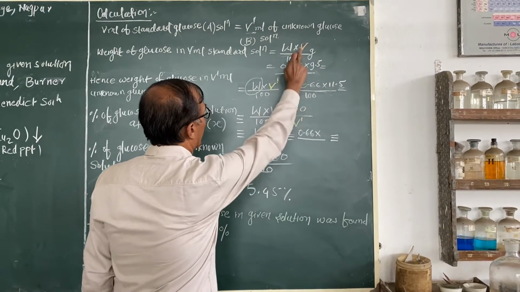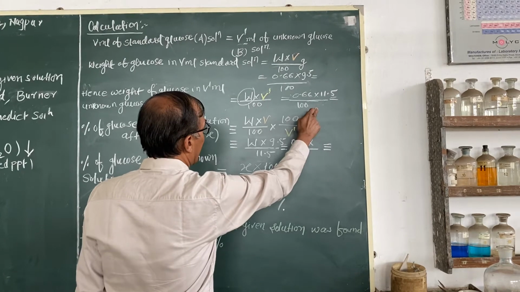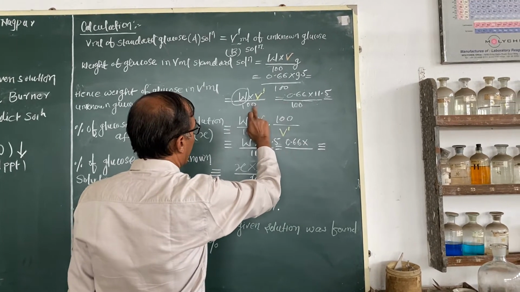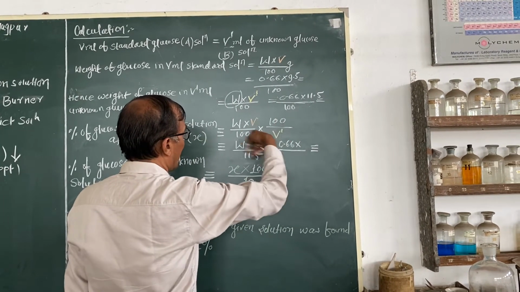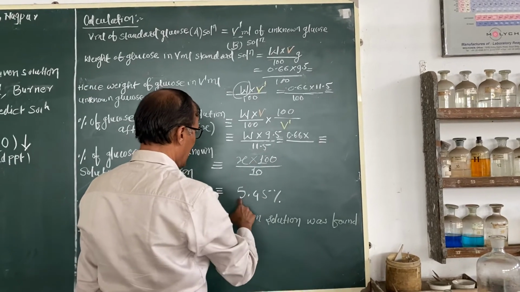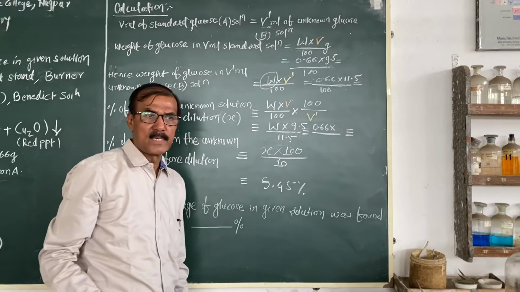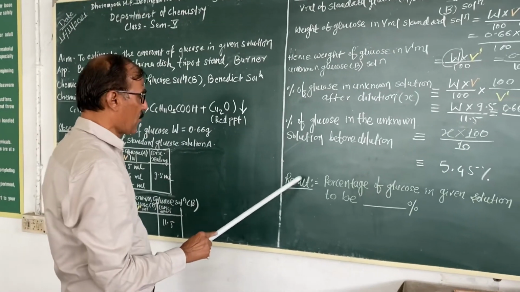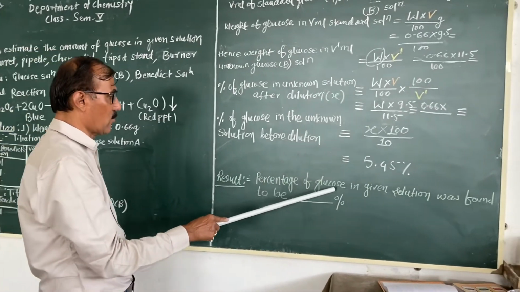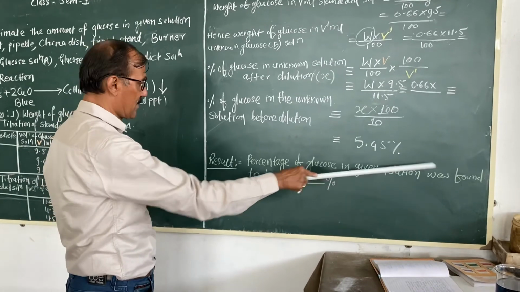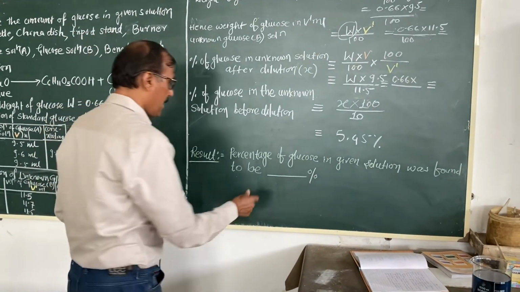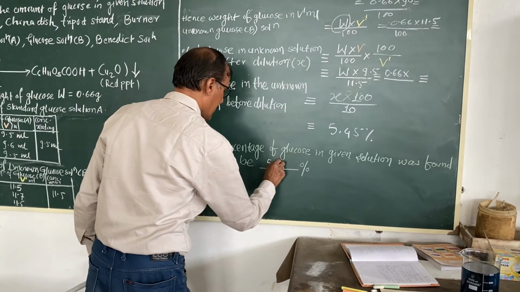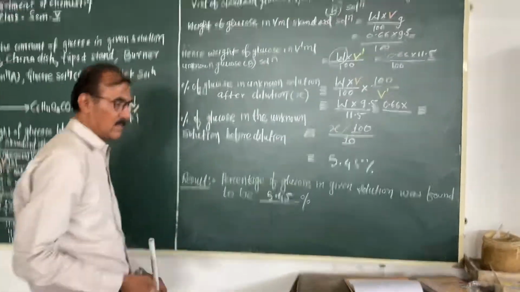These two are equated to each other, and then you have to find out W. So just do the mathematical calculations. This is about 5.45. This is the result you have to write down here. The percentage of the glucose in the given solution was found to be 5.45. Okay, stop.